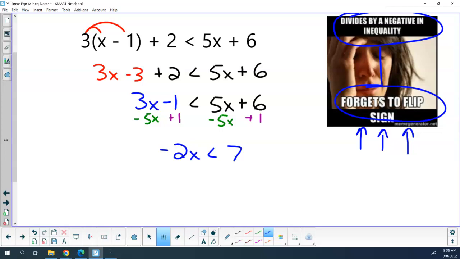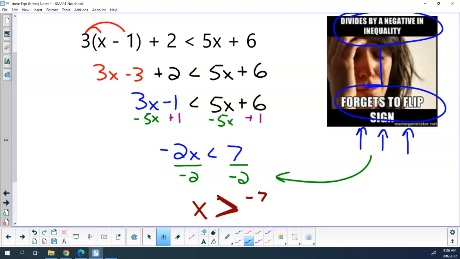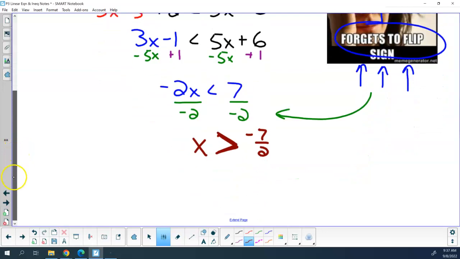But now here, when I divide by negative 2, I am dividing by negative 2 right there. So this inequality needs to flip. Okay? It went from less than to greater than. Okay? Now, what we learned yesterday was that that's the inequality for it.